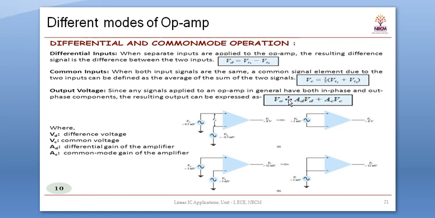If you remove the proportionality, then V0 is equal to AD into VD. AD is the proportionality constant, and it is the differential gain of the op amp. So V0 is equal to Ad into Vd in the differential mode of operation.